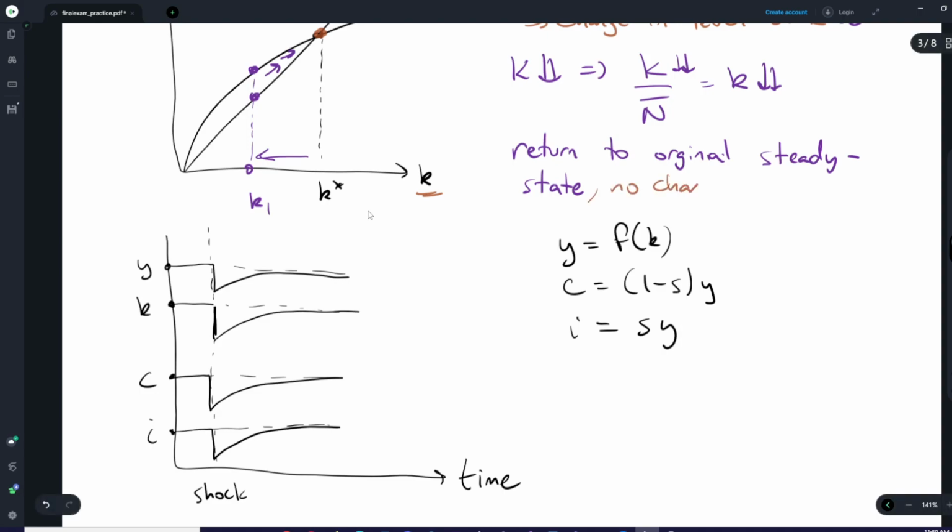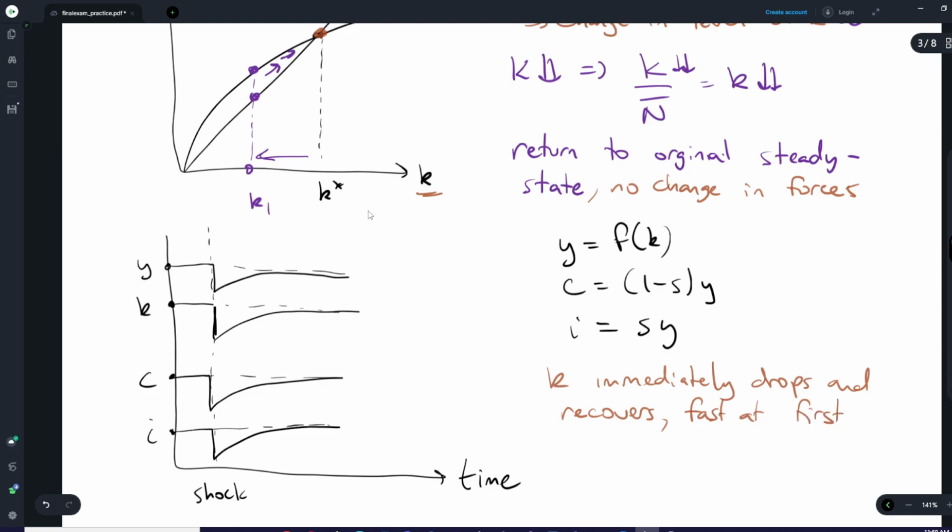No change in forces, right? So capital immediately drops and recovers, and fast at first due to the greater imbalance between savings and investment, right?